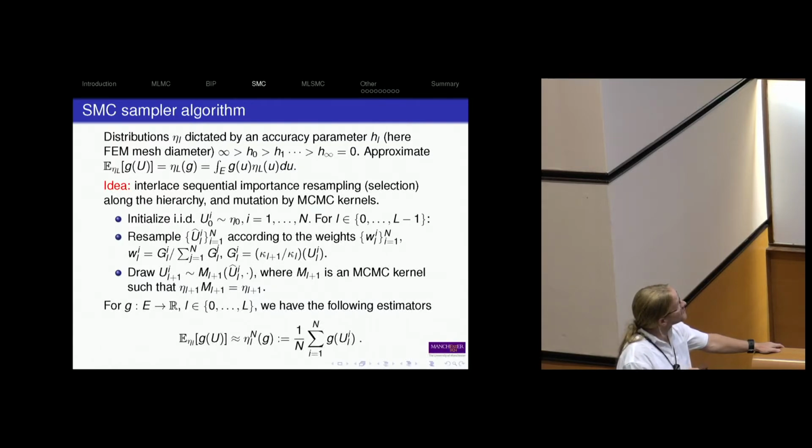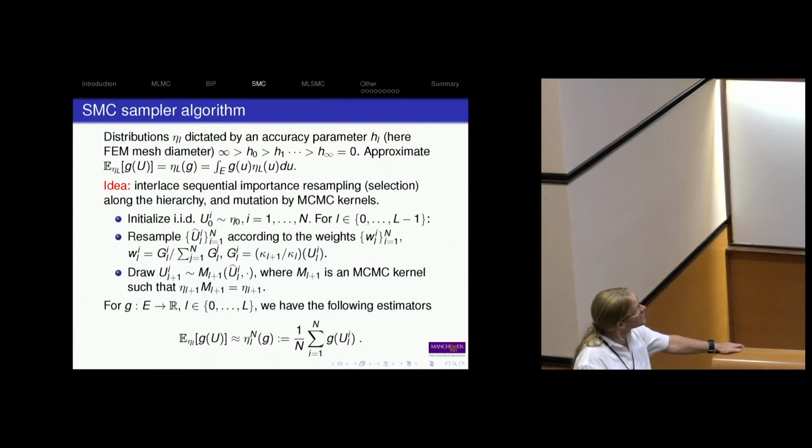We'll initialize with some N samples distributed according to E_0, and then we resample according to the weights, which are these normalized selection functions G_L, where each G_L is the ratio of successive unnormalized targets evaluated at some U_i. Then we run each sample through an MCMC kernel that keeps the current target invariant.